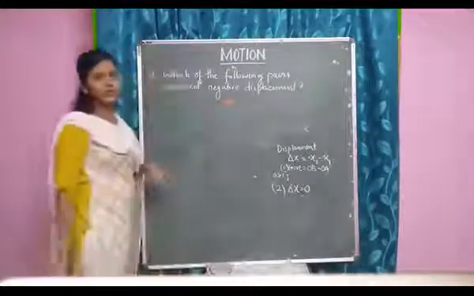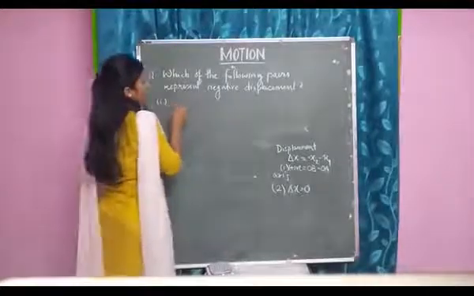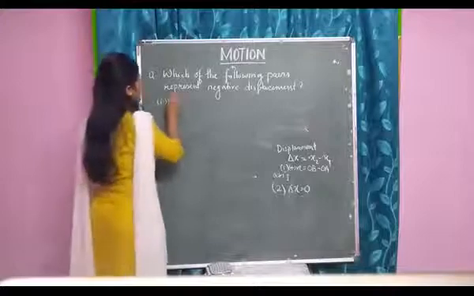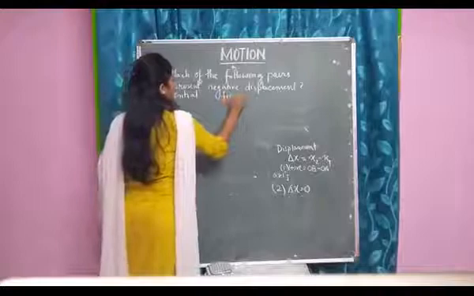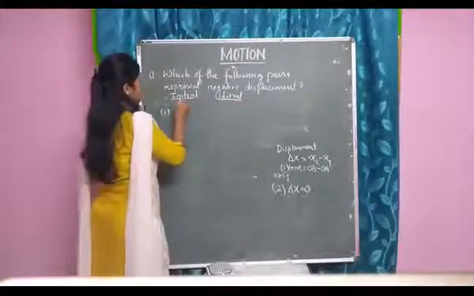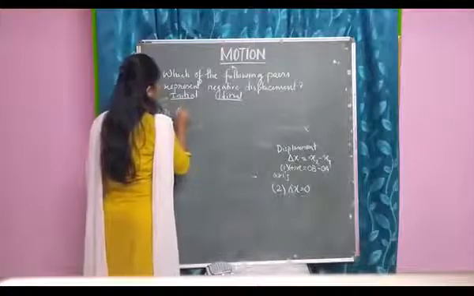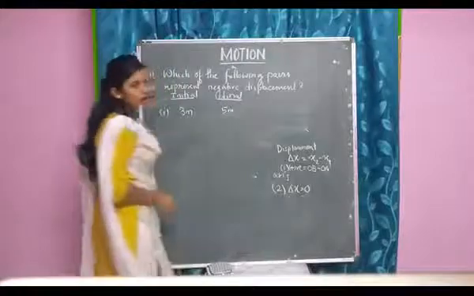Suppose you have been given three options, with the initial and final positions given. First one: initial is 3 meter and final is 5 meter.